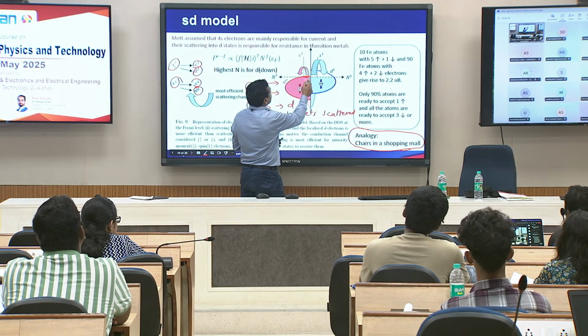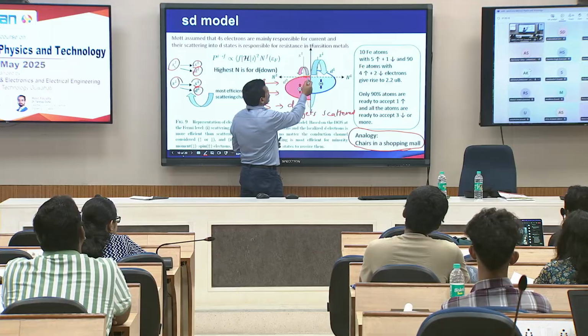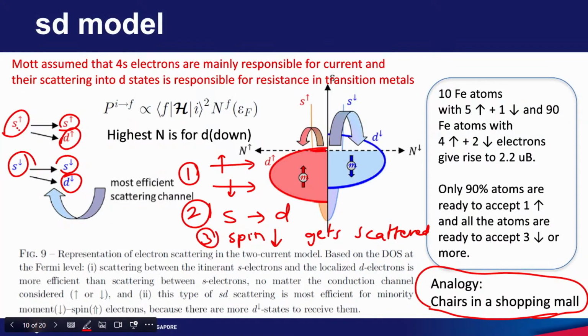For spin up electrons, there are like few chairs in the shopping mall. So, they cannot sit, they have no chairs to sit, they will move. Okay. So, spin up electrons will move. Spin down electrons have a lot of empty states, so they will get scattered into these empty states. So, spin down electrons will have more resistance.